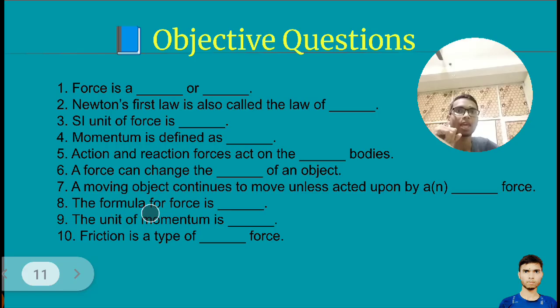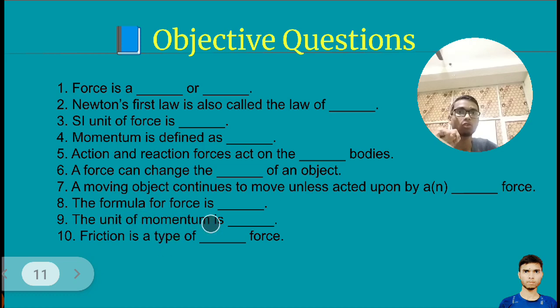A moving object continues to move unless acted upon by an external force. Then some change will appear.